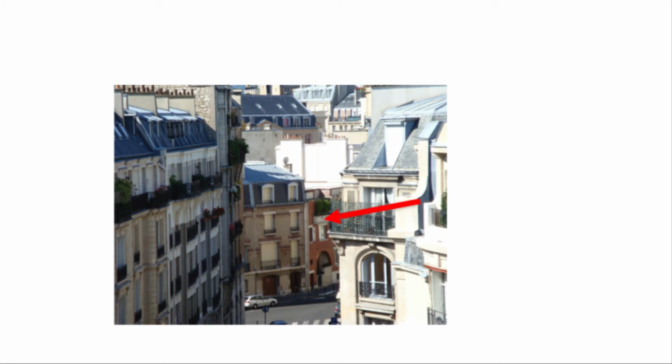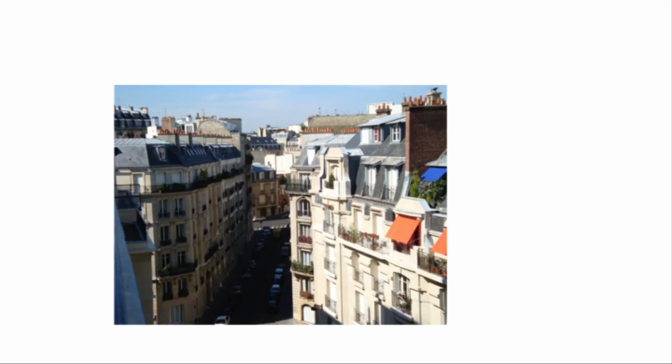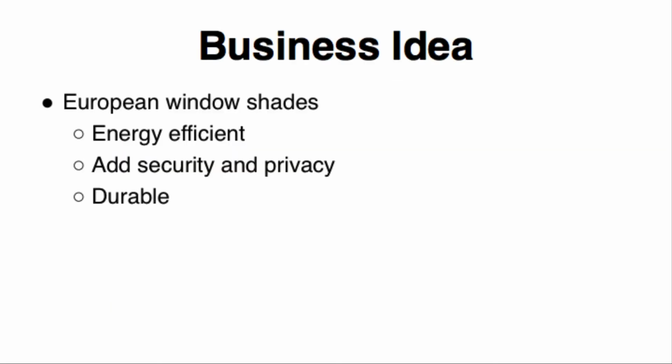This concept allows for them not only to protect their privacy, but these shutter blinds and shades are going to stop the summer's heat before entering the home. So it keeps houses cooler, they're more energy efficient, and they protect your privacy. This is definitely something that we could use here in Southern California.